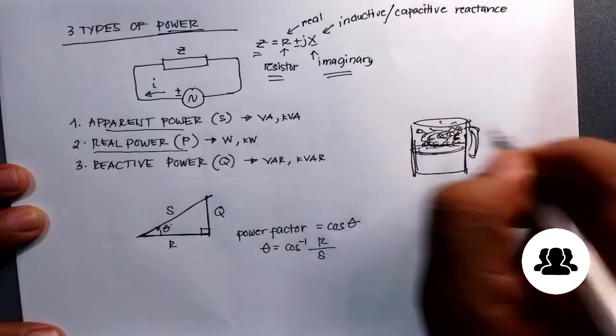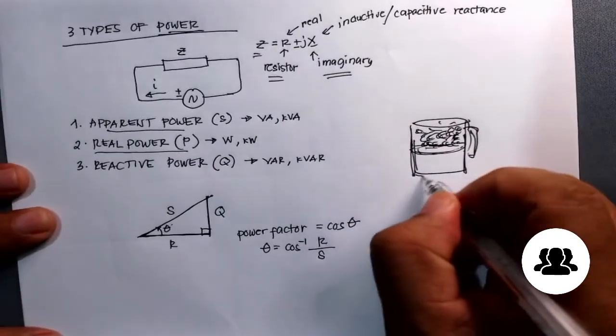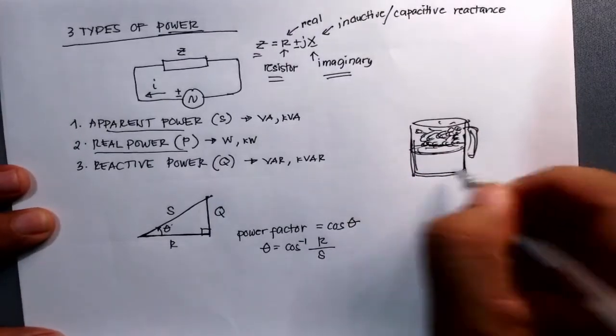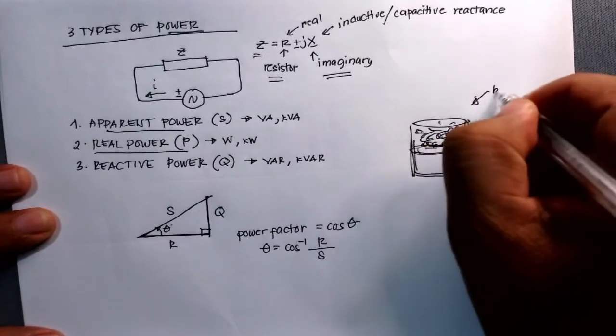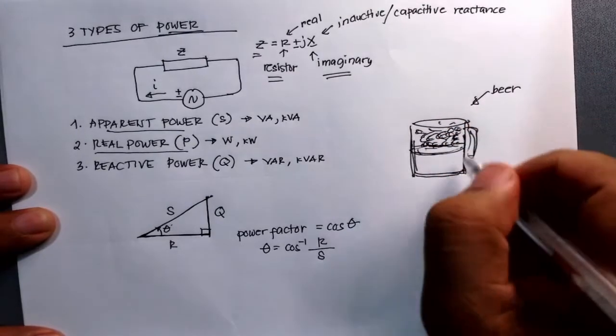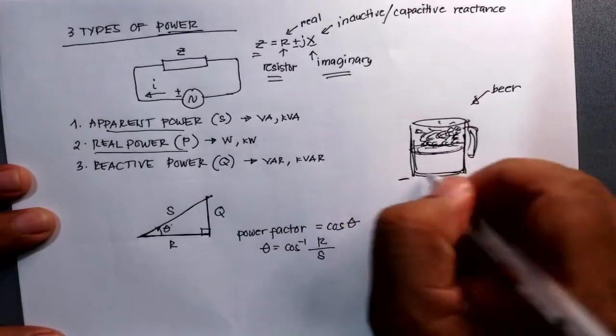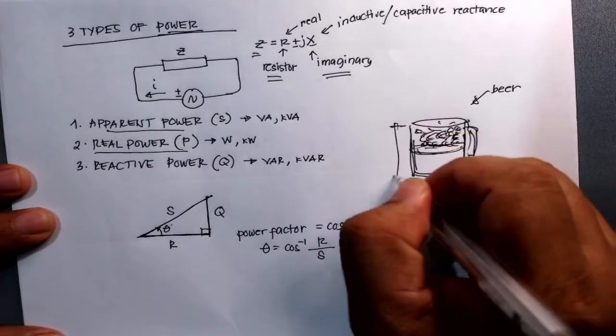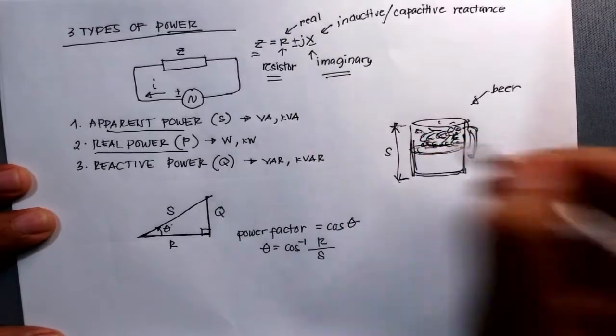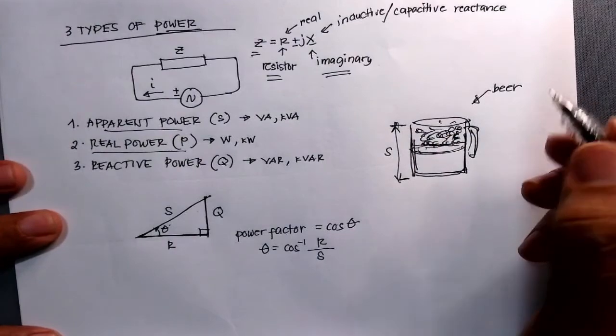So it has been said that the measurement of this beer, from this point to this point, will be our apparent power.